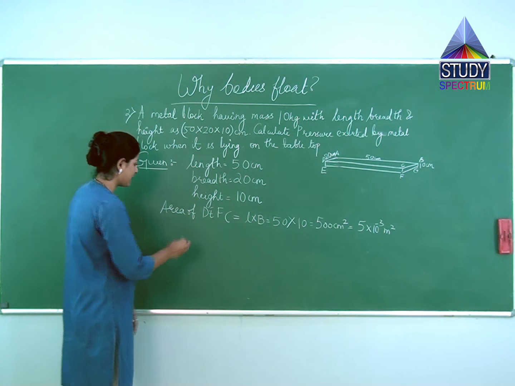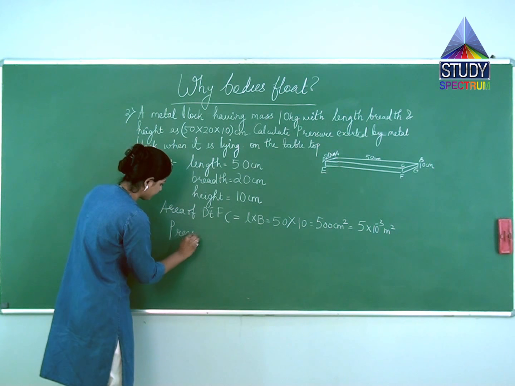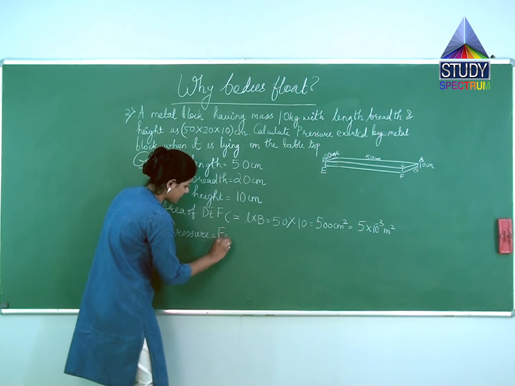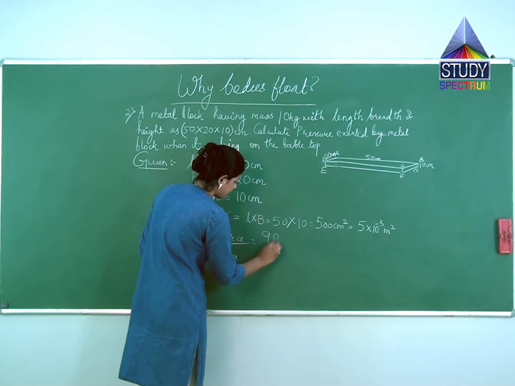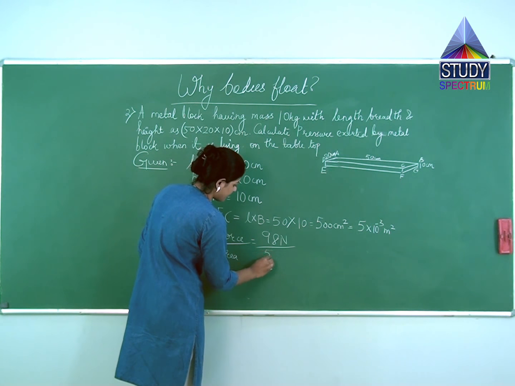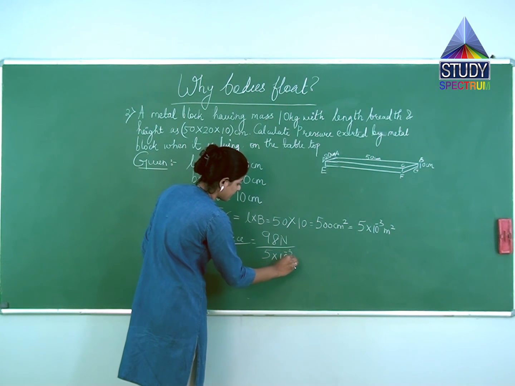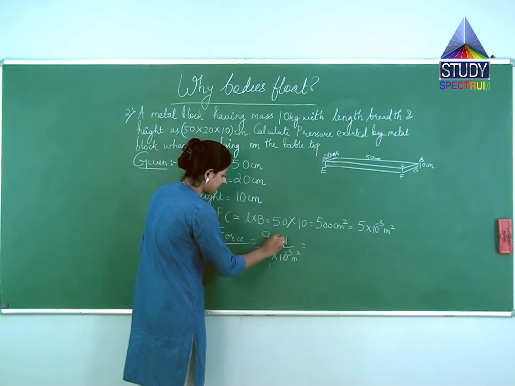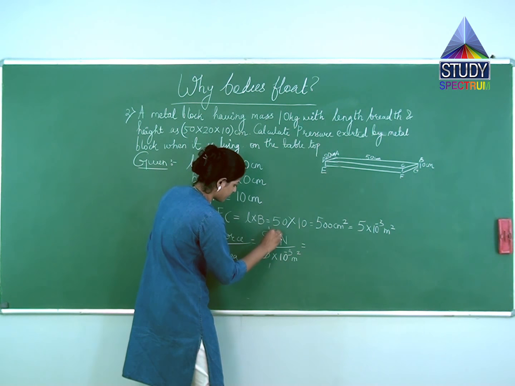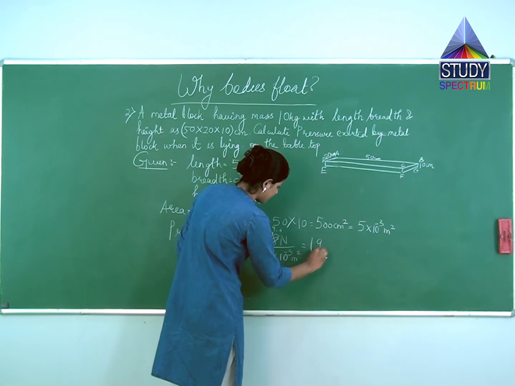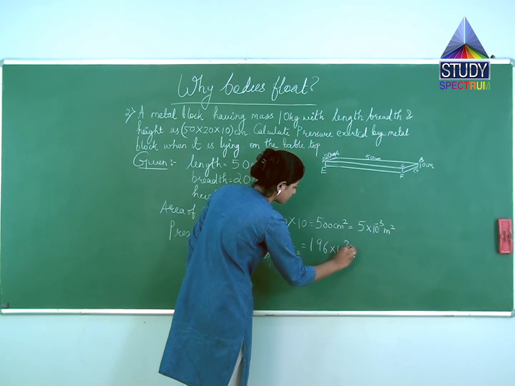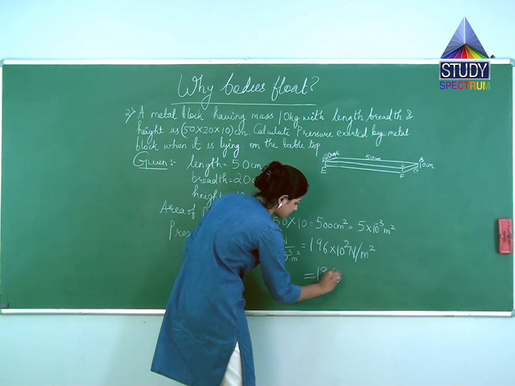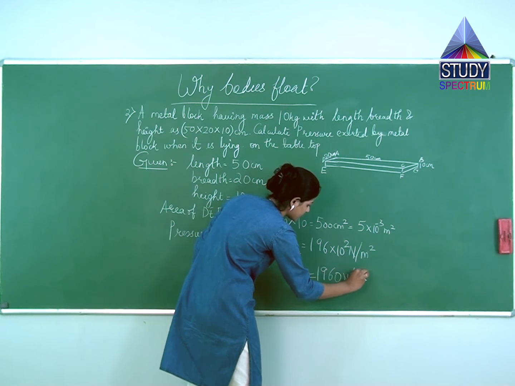Now substituting this value in the formula of pressure, the pressure is equal to force upon area. Force is 98 Newton and area is 5 into 10 raised to minus 3 meter square. Dividing the terms, we get 196 into 10 raised to 2 Newton per meter square.